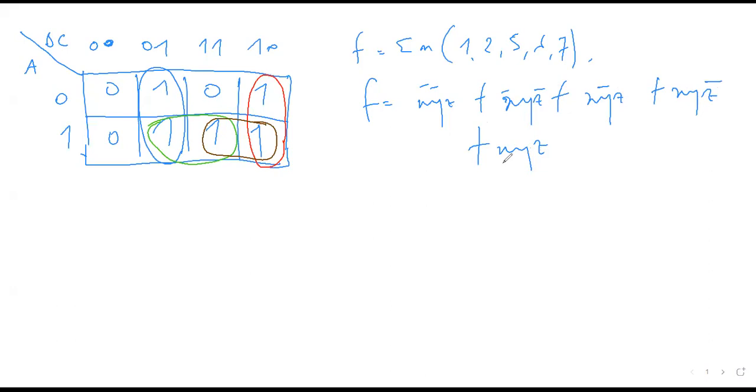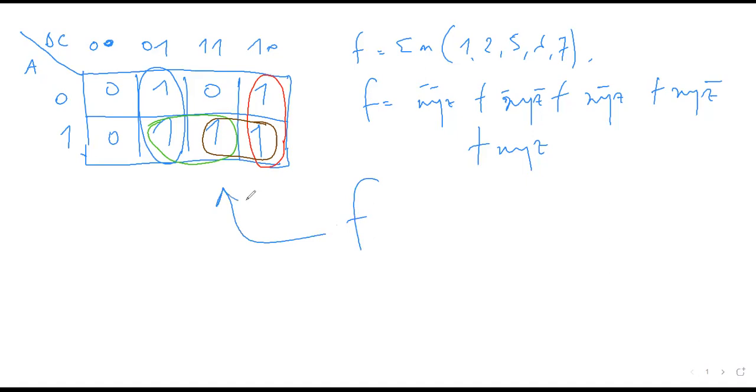This is the normal expression from the shorthand notation. Anyone who doesn't understand how I came up with that expression? Nope. So we continue. Now the simplified expression from the Karnaugh maps.